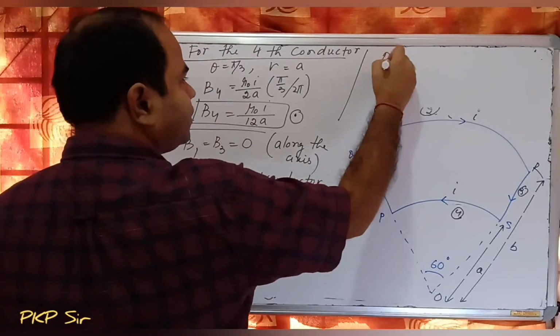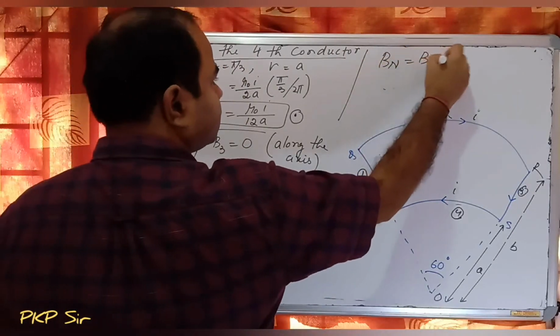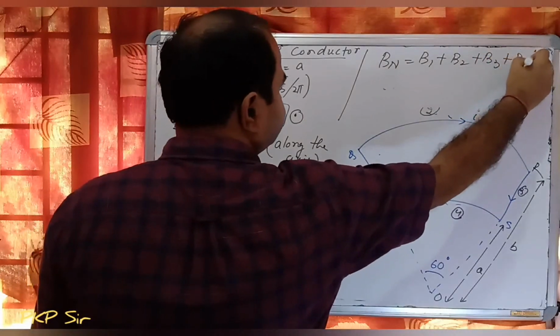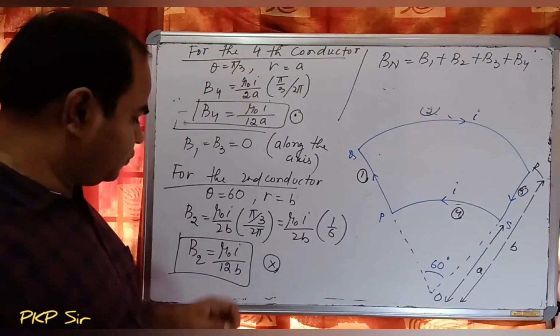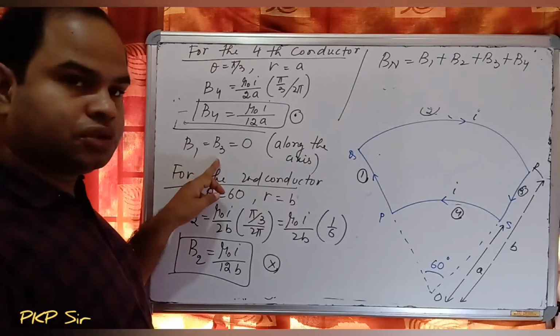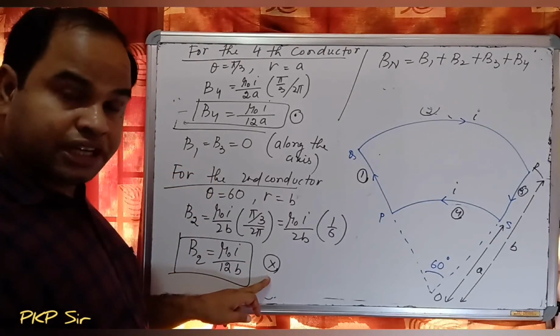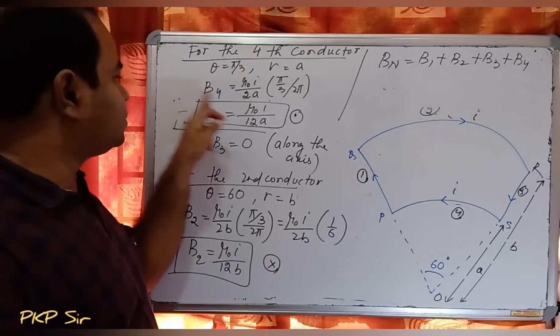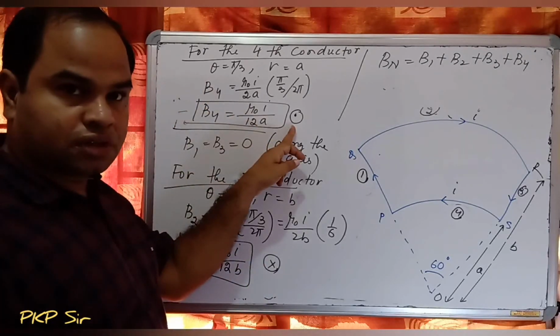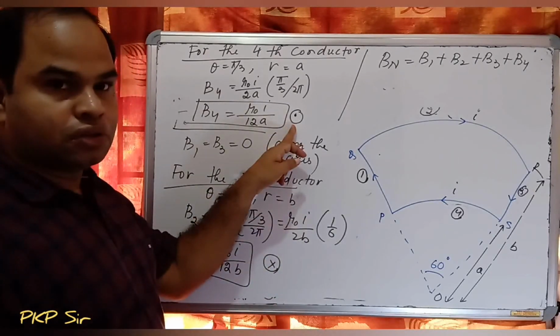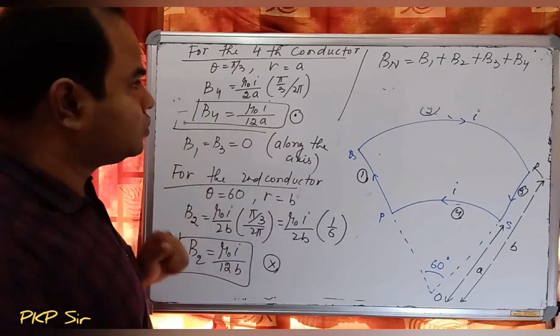Total magnetic field B net is equal to B1 plus B2 plus B3 plus B4. But if you see, B1 and B3 are 0, B2 is in the inward direction, and B4 is in the outward direction. So it will be a subtraction.